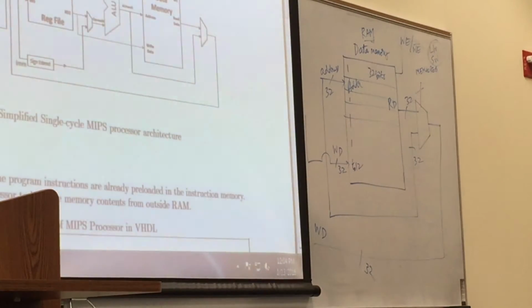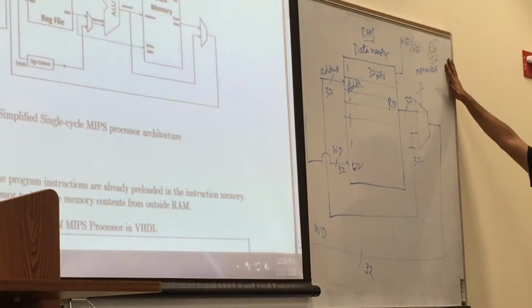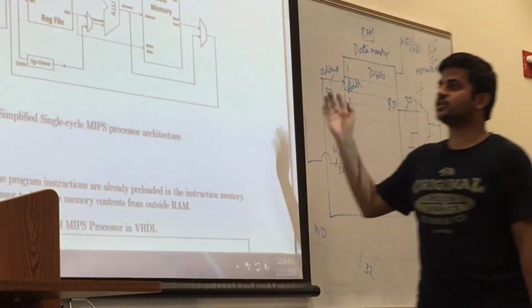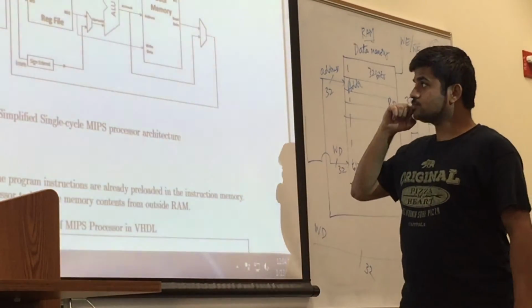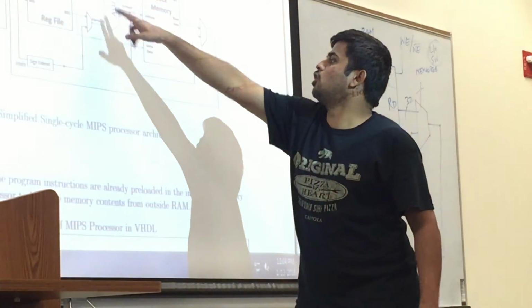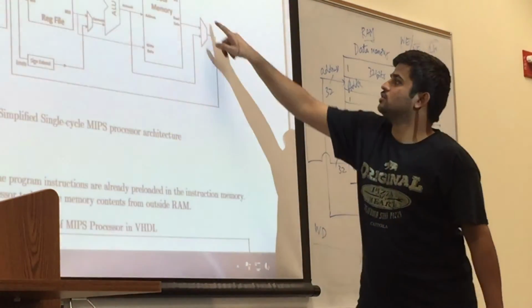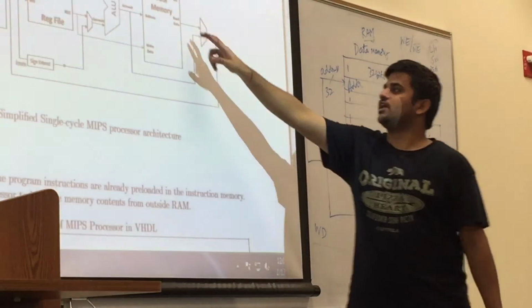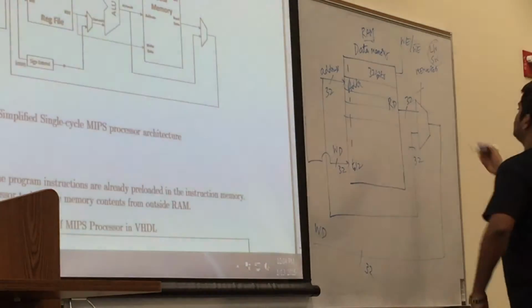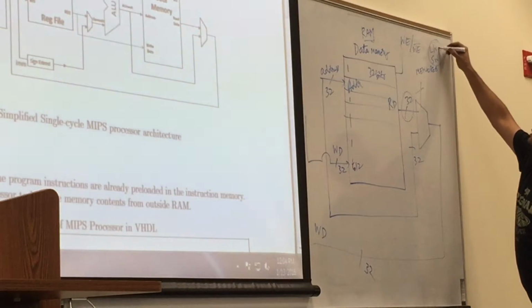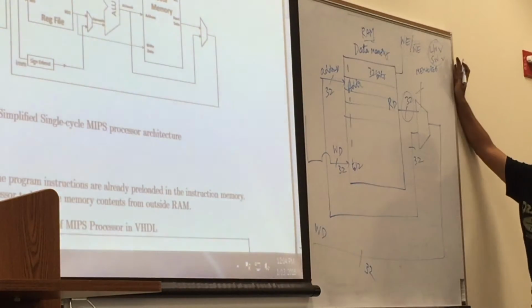So you will be using data memory only for load and store instructions. If you are doing some other operation, then even though the output of the ALU goes inside the data memory, this select line will select this value only if it is a load or store instruction.